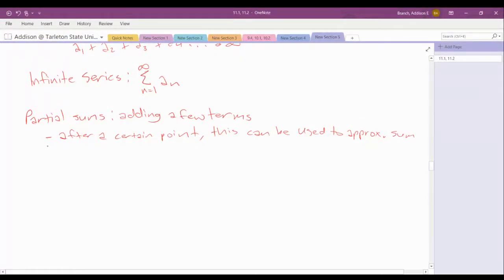Because if we think about it, your first partial sum is just your first term. Your second one is your first 2 terms. Your third is your first 3. Your fourth is your first 4. And you can just keep going on and on.